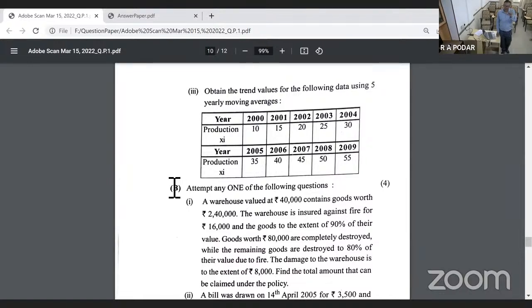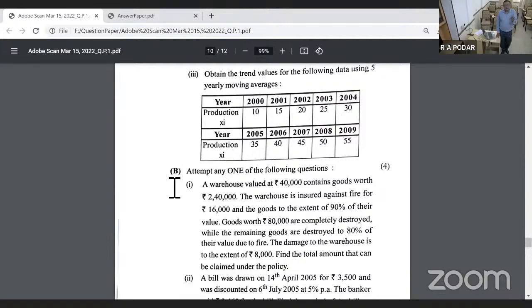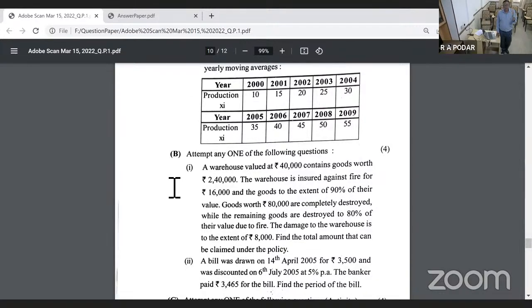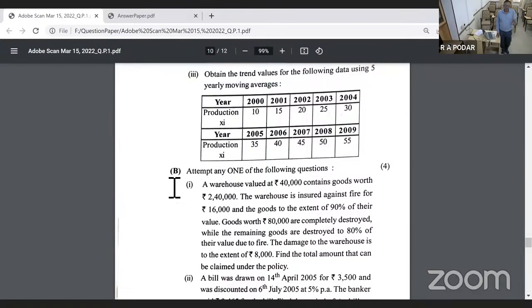They took 2000 to 2009, and we had taken 2001 to 2010. So only the years changed, and the question was asked in the prelim, so there is no problem. You know that 5 yearly is an odd number, so prepare the table accordingly. If it is 4 yearly, madam has told you that for central moving averages, you write the data on alternate lines, and for 5 yearly moving averages, there is no need to keep alternate data.